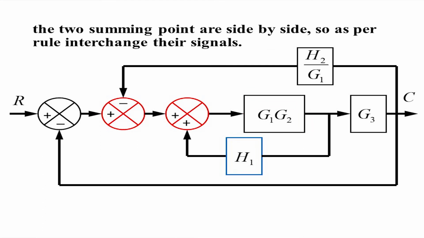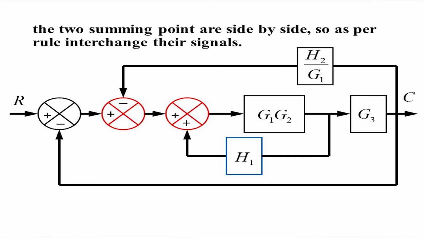Next, how many blocks are we left with? Two forward blocks, G1 G2 and G3, and three feedback blocks: H2 by G1, H1, and the unity feedback, with two summing points and one takeoff point. Now you can interchange the summing points if they are in cascade position.